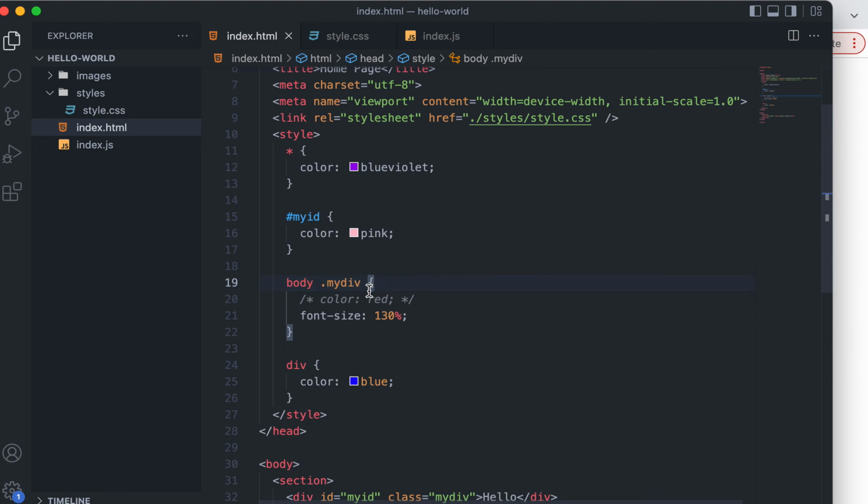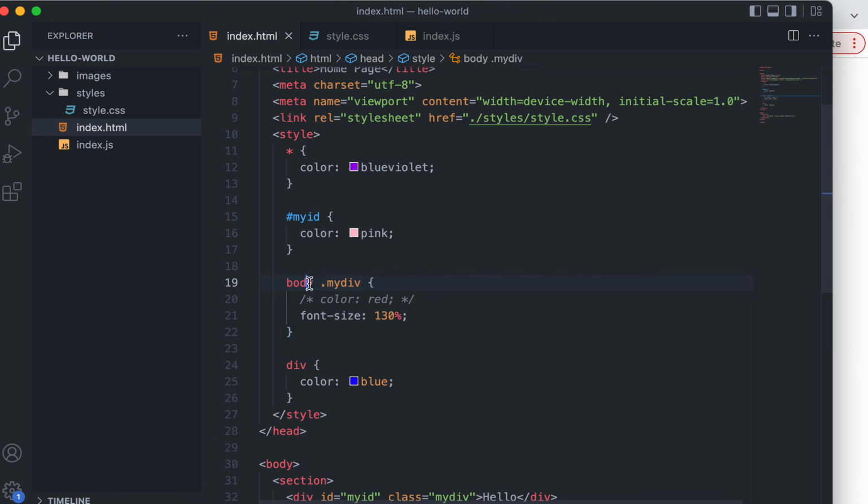Now what is this 011? The 1 at the tens place comes from the class part, which has 010, and it is added with the 001 for body, right? So that's why this is 011.